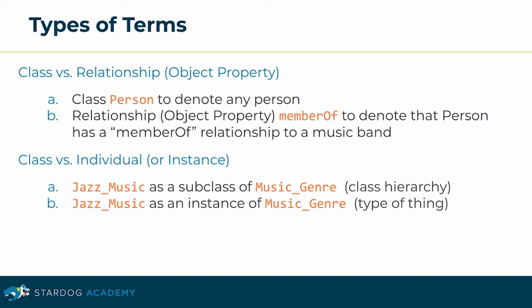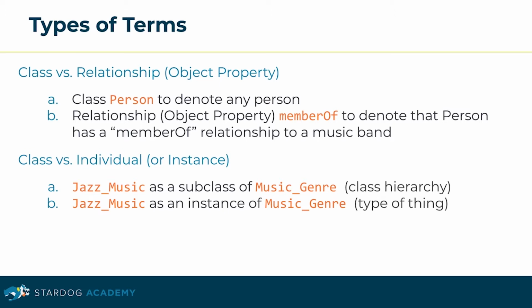On the other hand, the term memberOf is defined as being of the type relationship or object type property. And this basically denotes that a person can have a memberOf relationship to Music Bank, for example. Also, we have a distinction between classes and individuals.